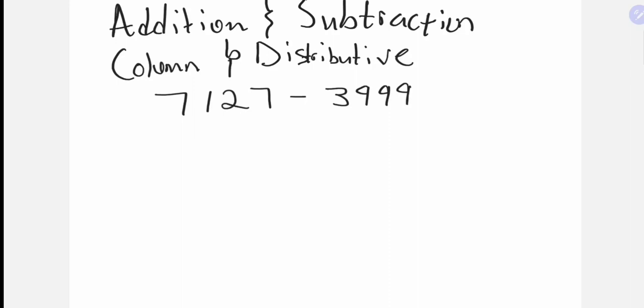So the first thing we're going to do in this case is start by forming our calculation. So it's 7,127. We're forming our calculation into columns. That's why we call it the column method, right? Minus 3,999.